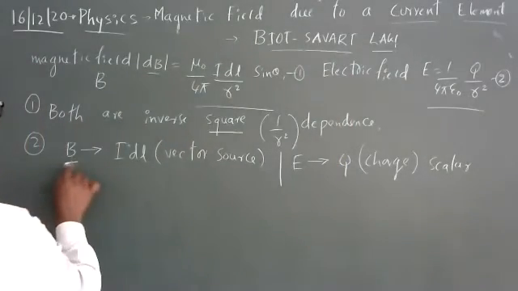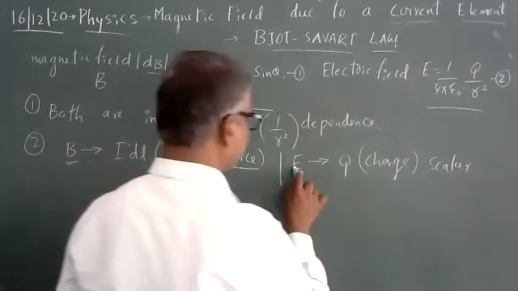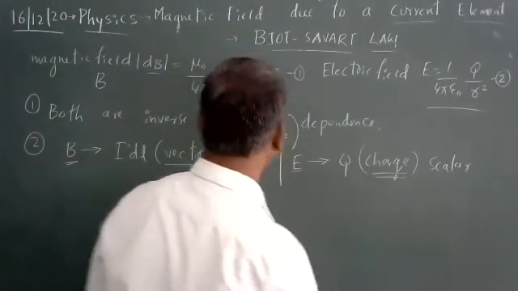This means the magnetic field results from a vector source, while the electric field results from a scalar source.